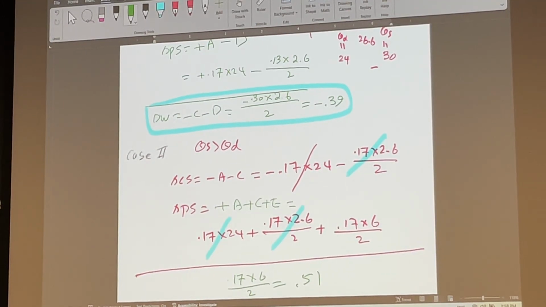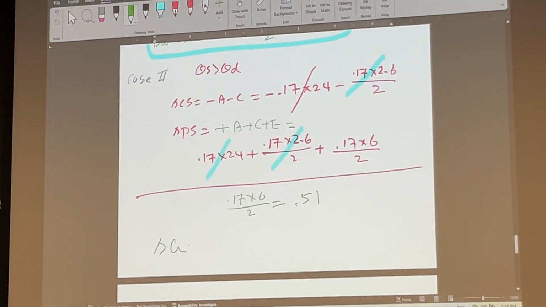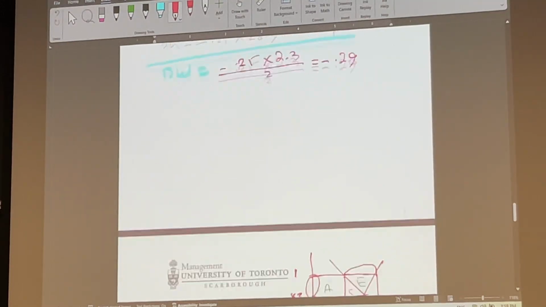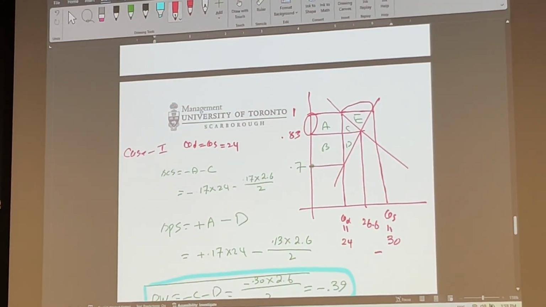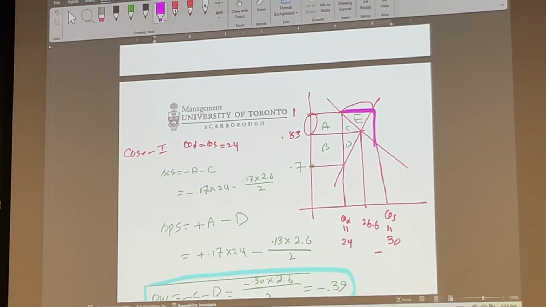Right? But there is government. The government has to support the floor. So they buy all this excess. That is the loss for them.